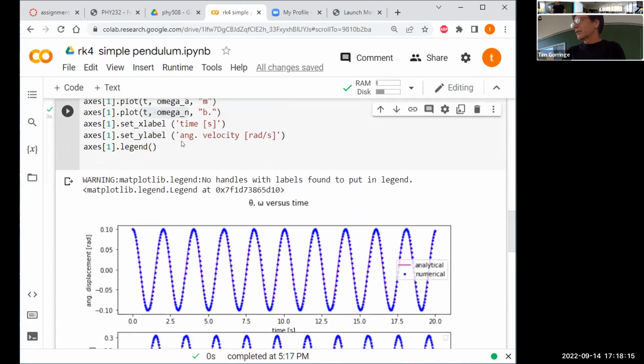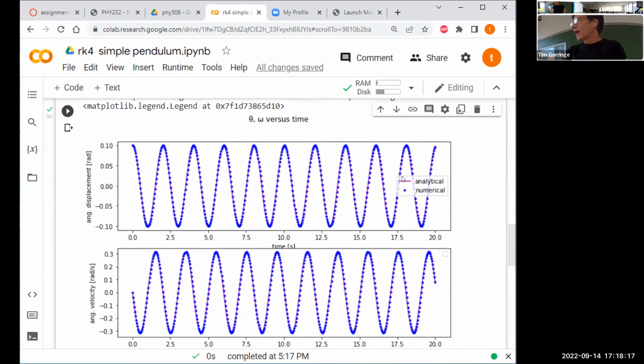Why didn't the legend appear? Oh yeah, it did appear. The magenta line is the analytical solution for a simple pendulum, and the blue points are our numerical solution for the pendulum. I maybe should have said that.